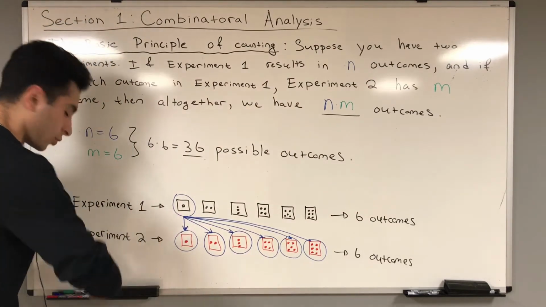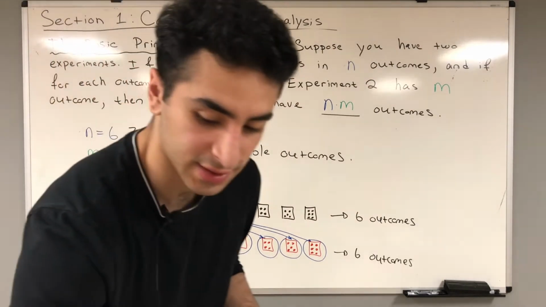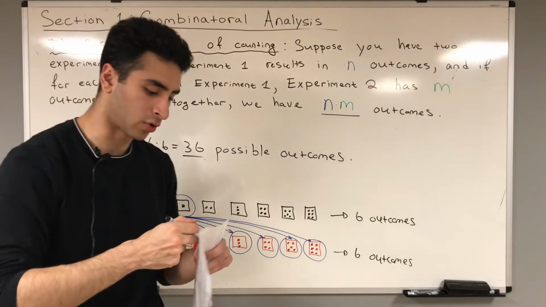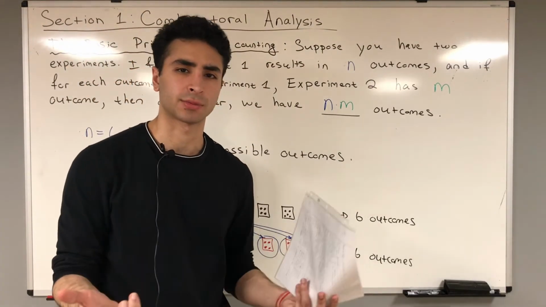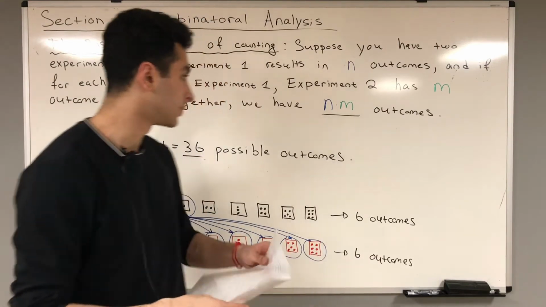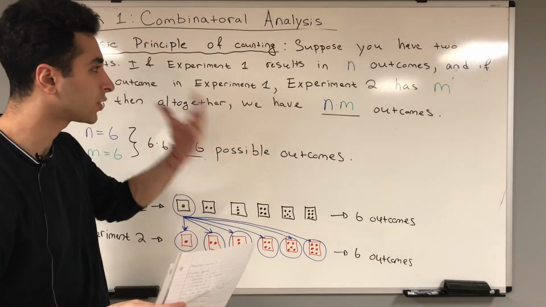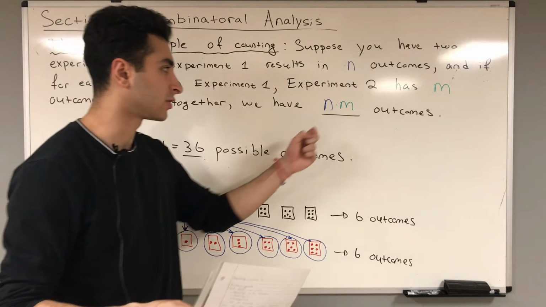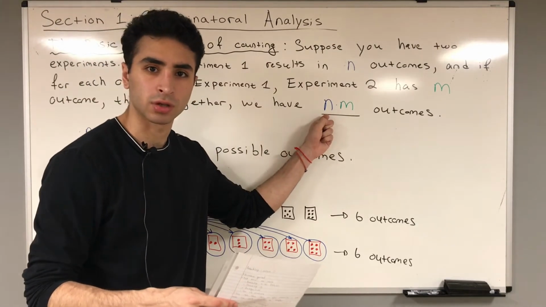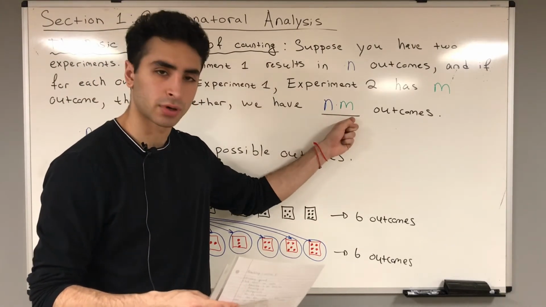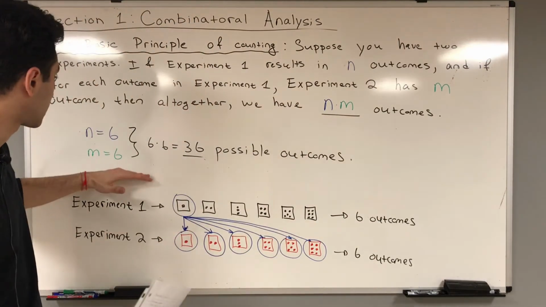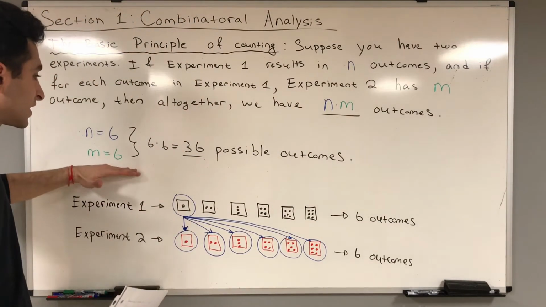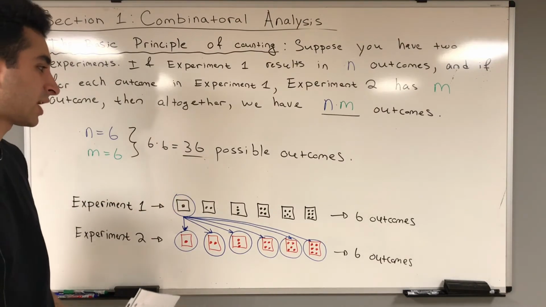And hopefully now you appreciate why we actually need this, because remember before, it took us a while to actually understand how many outcomes there were in general. But the basic principle of counting says all you have to do is multiply the number of outcomes in experiment 1 by the number of outcomes in experiment 2. In this example, we had 6 times 6, 36 possible outcomes.